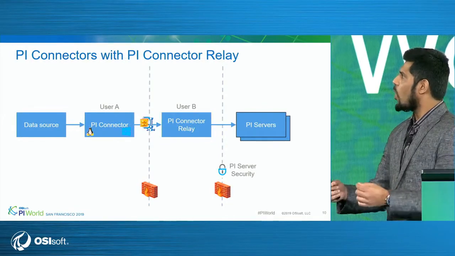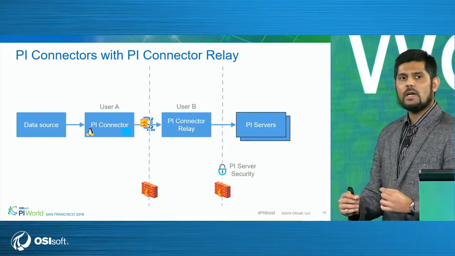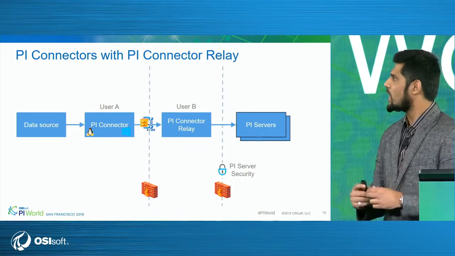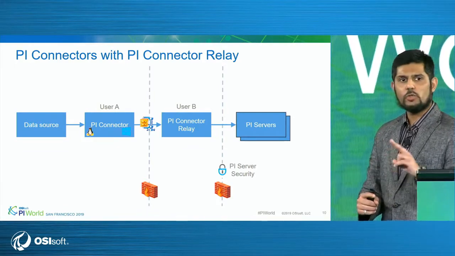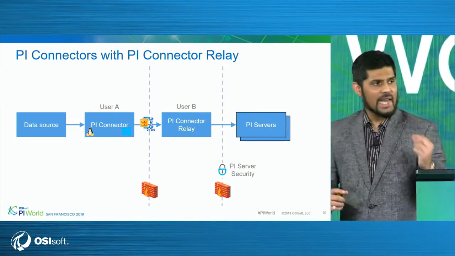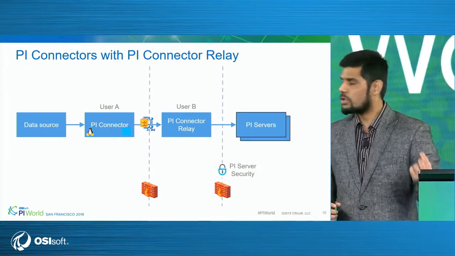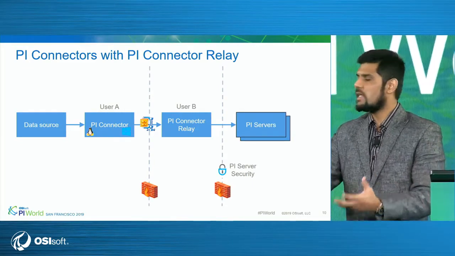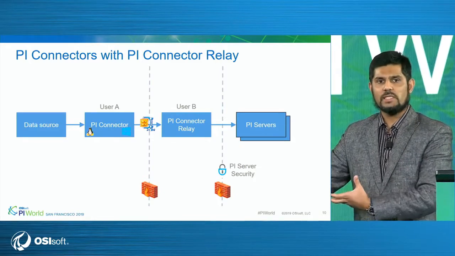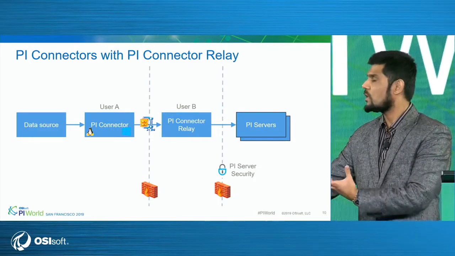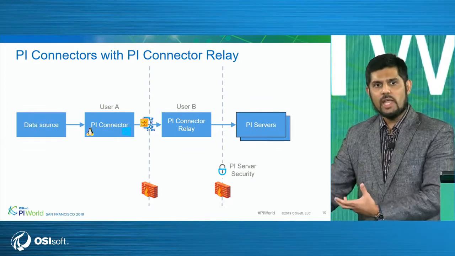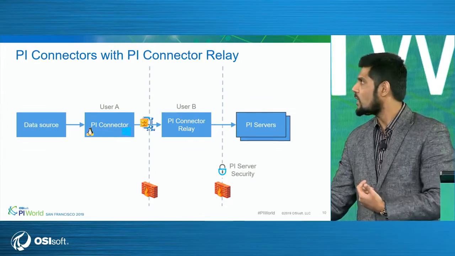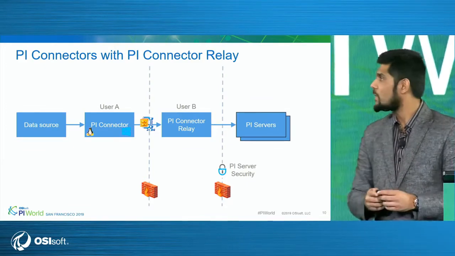The second flavor we offer with PI Connectors is a PI Connector with a PI Connector Relay, which consists of two individual components. A connector component, which connects to your data source, again captures the data and transforms it, but instead of sending it to the PI server, it sends it to this intermediary piece called the PI Connector Relay, which then sends or fans this data to the PI servers of your choice.